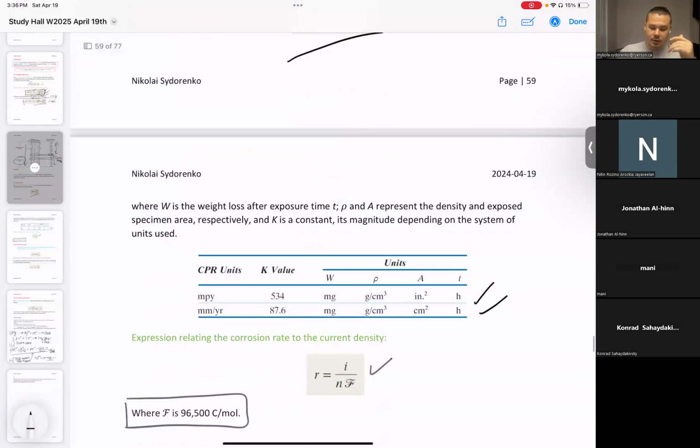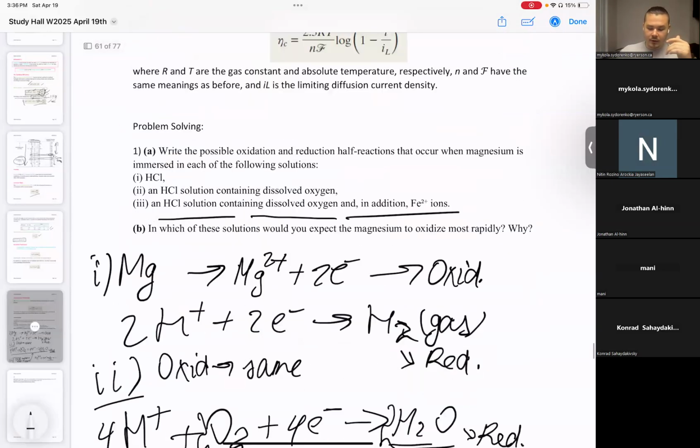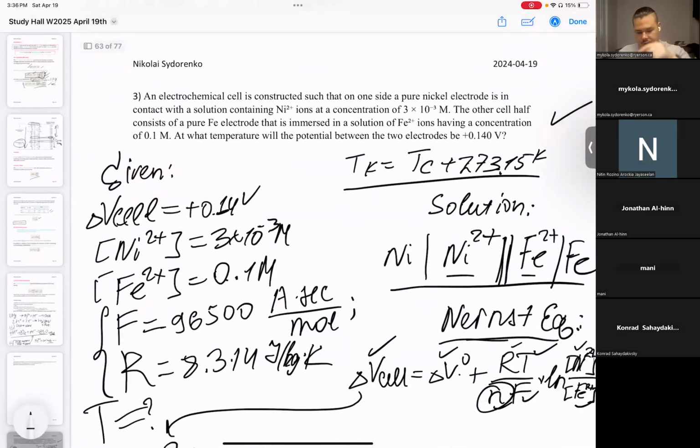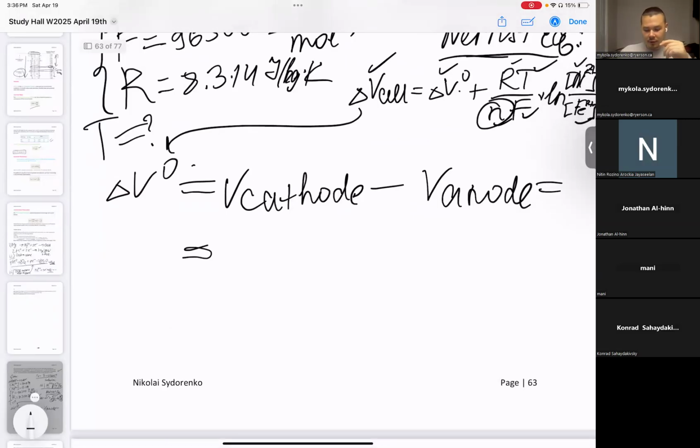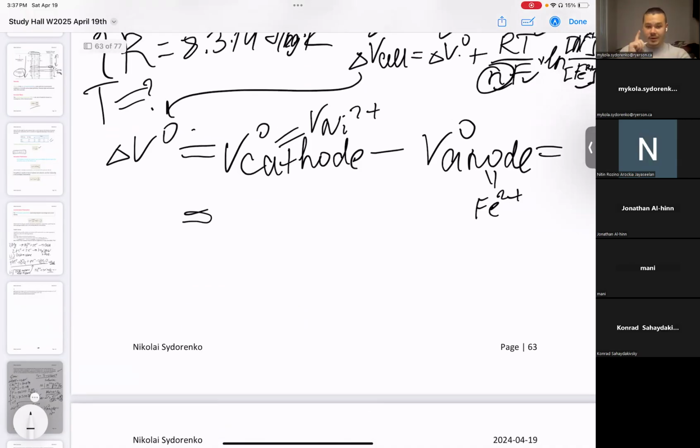So if we take note of the voltages, V cathode is going to be our V nickel 2 plus, don't forget the naught, and this is going to be our iron 2 plus. Iron compared to nickel is more prone to corrode, which is kind of true. Iron is very corrosive, right? So you have to check the table, and don't forget about the signs.